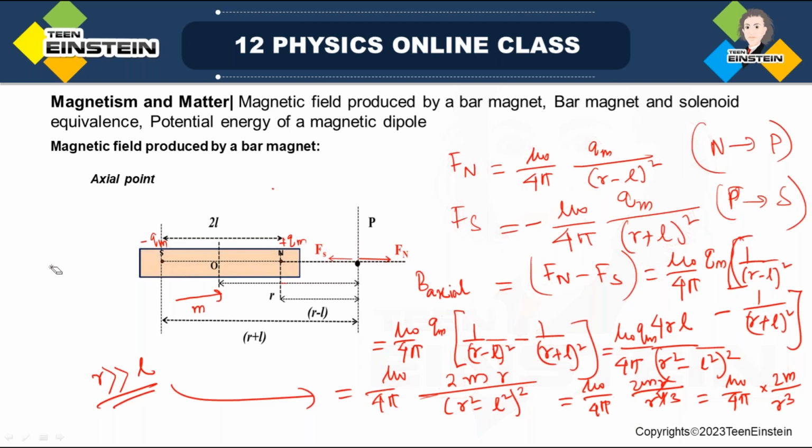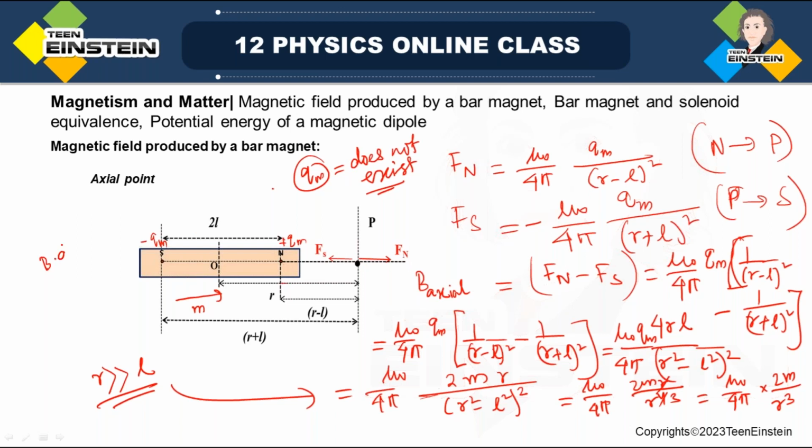But I can just make you remember that Qm, this magnetic charge, does not exist in reality. We'll see from magnetostatics, I think in this chapter, the magnetic Gauss's law for magnetostatics.